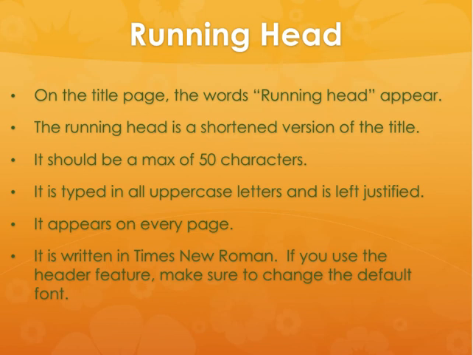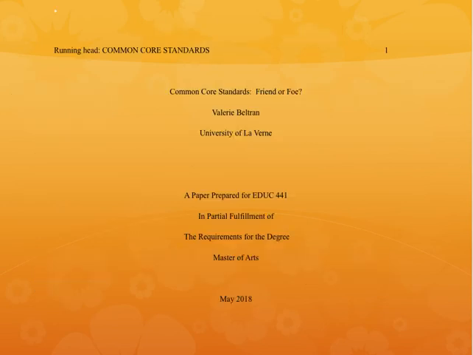It's a shortened version of the title. The APA manual says max of 50 characters. It should be typed in all uppercase letters, and it's left justified. So you see here, there it is, all in uppercase, and I'm over here on the left margin.